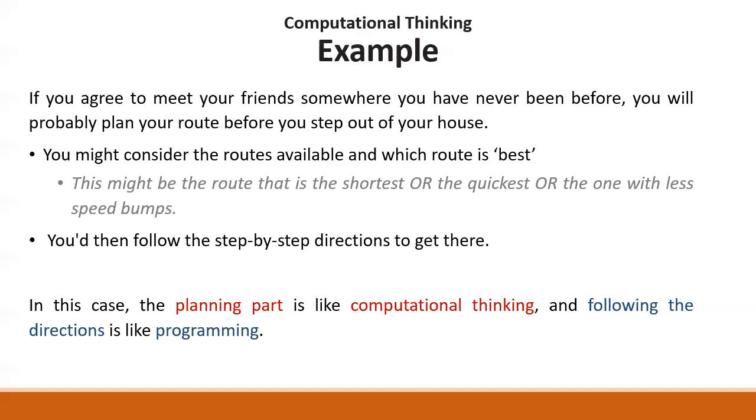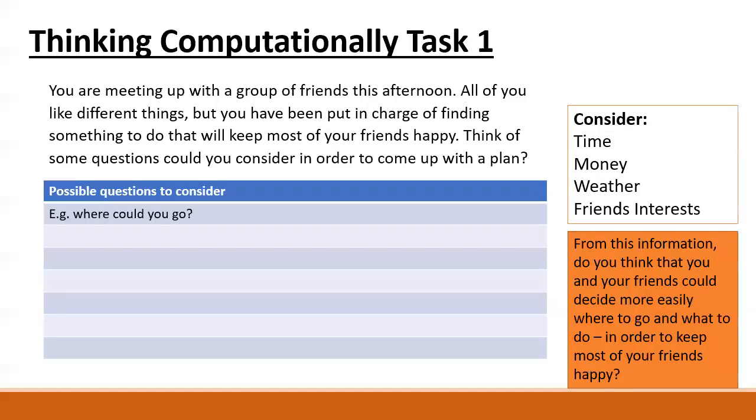That's how I'm going to get there. Those are the steps, right? That's my algorithm. Just following that is not computational thinking. Once I've gone onto the GPS and chosen that route, following it is not computational thinking. It's just following instructions.